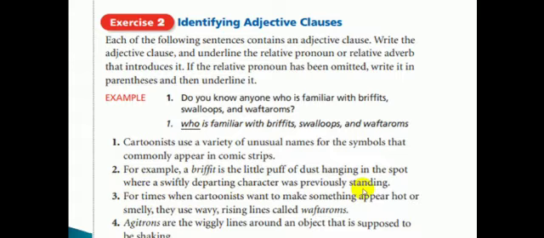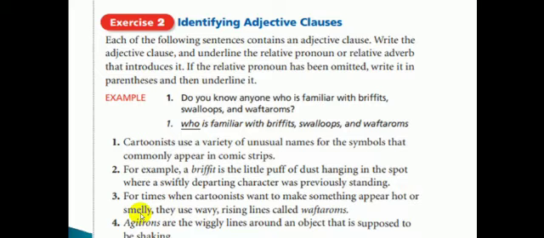Number 3, for times when cartoonists want to make something appear hot or smelly, they use wavy, rising lines called waftarons. So when is the relative pronoun. So when cartoonists want to make something appear hot or smelly is the adjective clause.